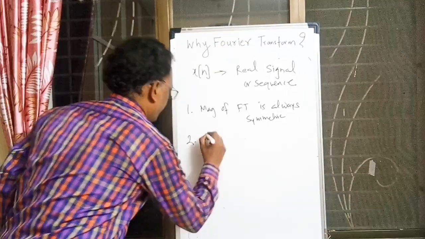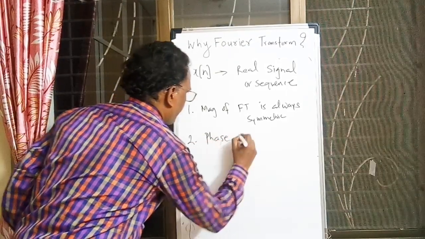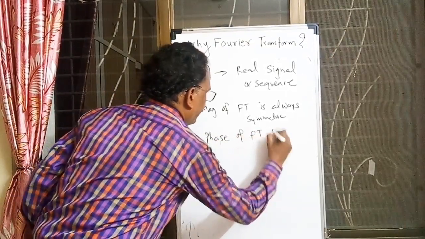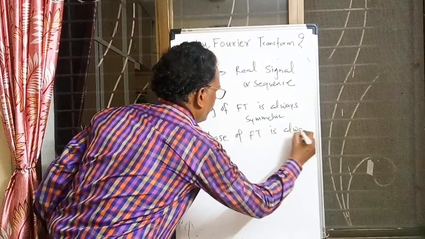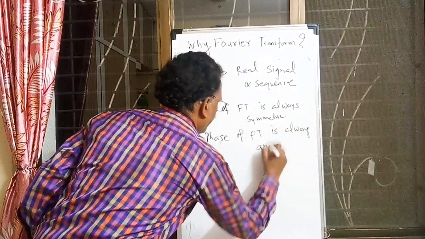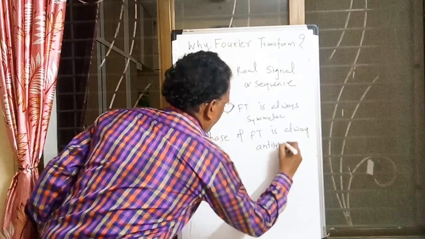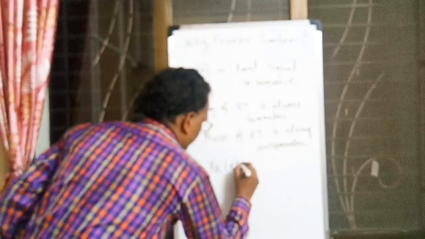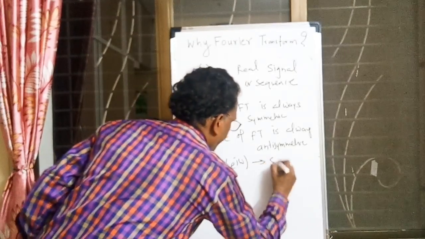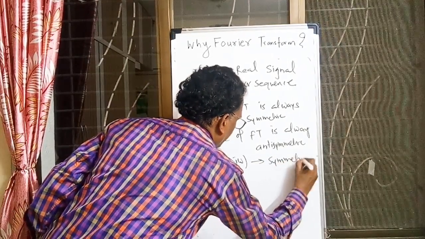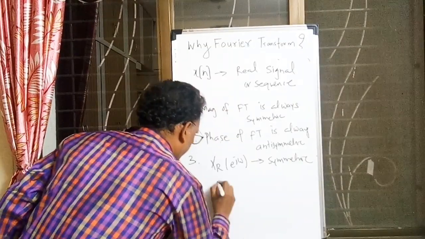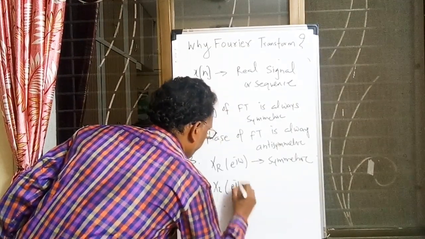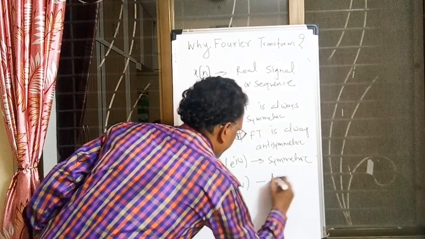Second, the phase of the Fourier transform is always antisymmetric. Third, the real part of the Fourier transform is symmetric. Fourth, the imaginary part of the Fourier transform is antisymmetric.